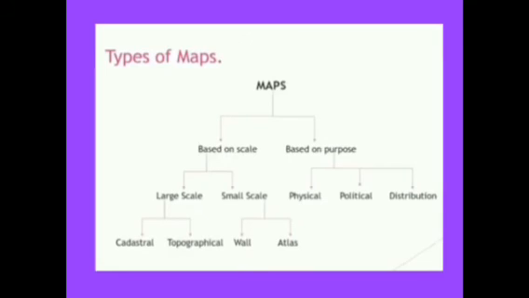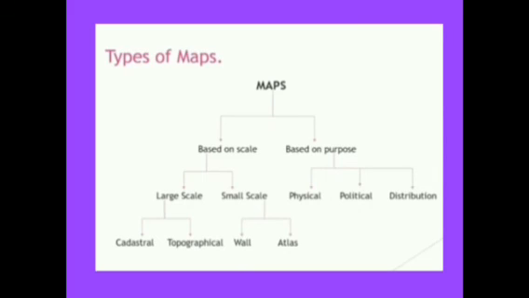And distribution maps, these maps are used to show the distribution of definite features such as land use, temperature, rainfall, population, soils, natural vegetation, crops, minerals, industries, railways, roads, waterways, etc.